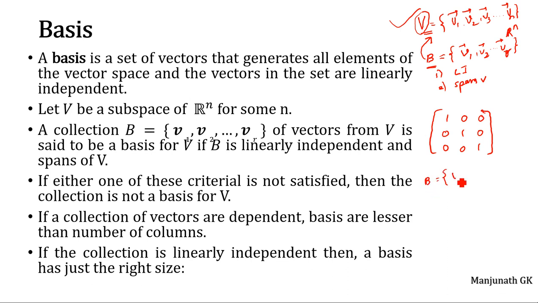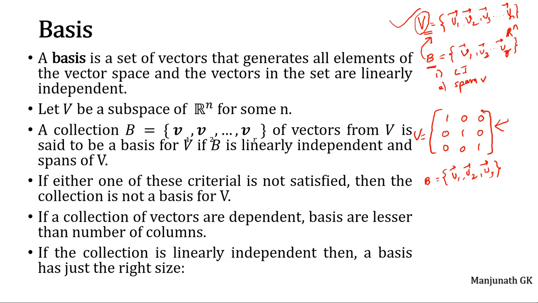Can I write that the basis is v1, v2 and v3? All three vectors are a basis for V, because v2 cannot be represented using v1, v3 cannot be represented using v1 and v2, and v1 cannot be represented using v2 and v3. All these vectors are independent, so the basis for this set is all three.